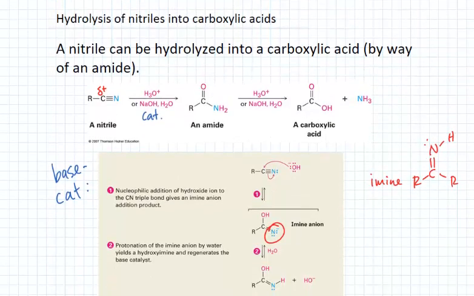An N minus is a pretty strong base, so N minus is going to take a proton from water and protonate that imine anion to make just a regular imine. Not so bad, right? In fact, we can draw that. Let's make a water molecule, and I'll make it red, just to match what's in the mechanism there. That is our NH, that is our neutral imine.